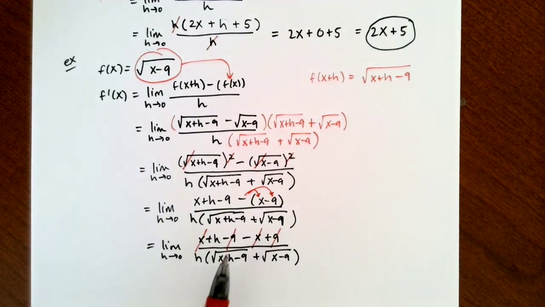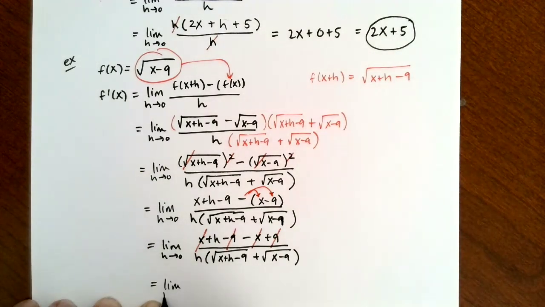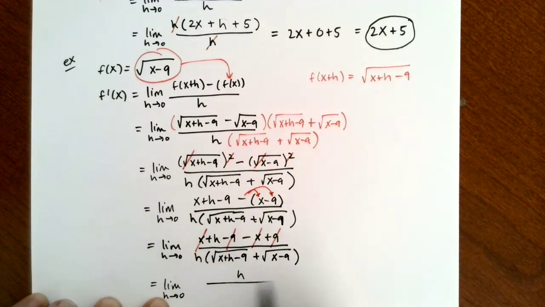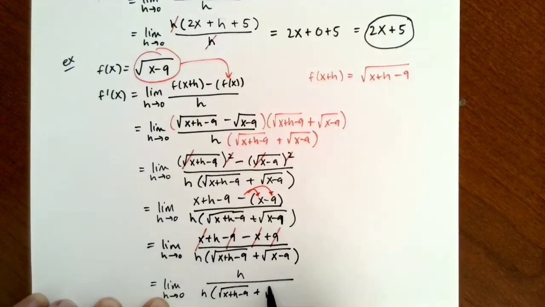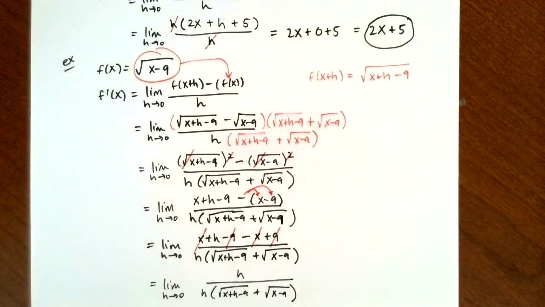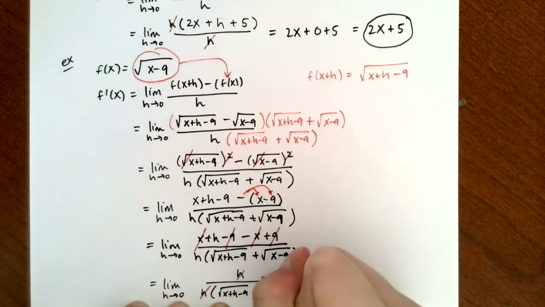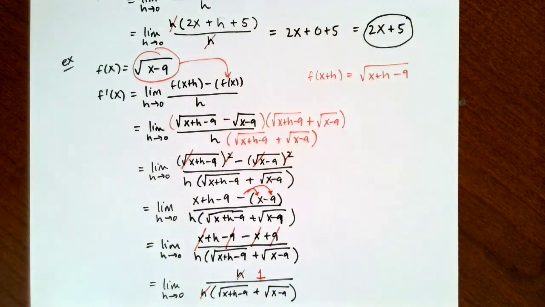So this whole numerator is just h now, and I can do my h over h cancellation. So I have just the h left over on top. H over h cancels, and we know this is h divided by h up top, so there's really a 1 left over. And I can plug in a 0 for my h in this step. And remember, these x's will survive until the final answer.